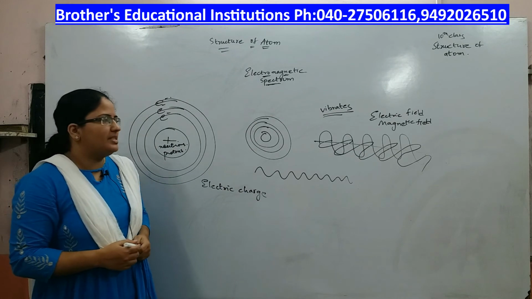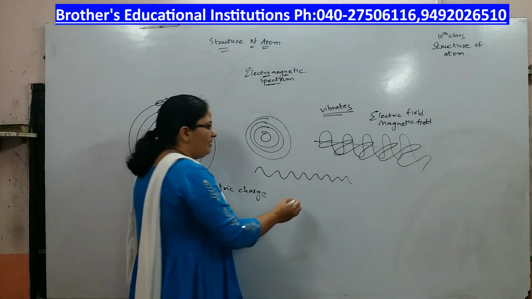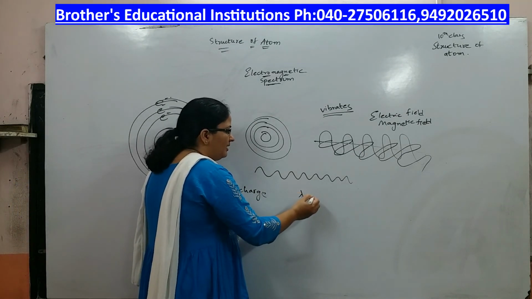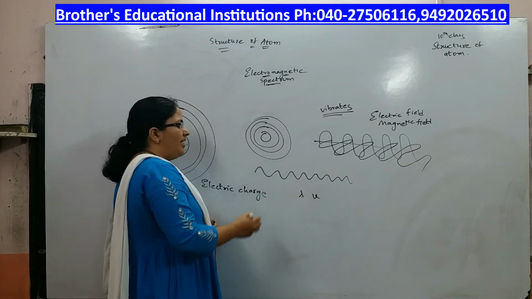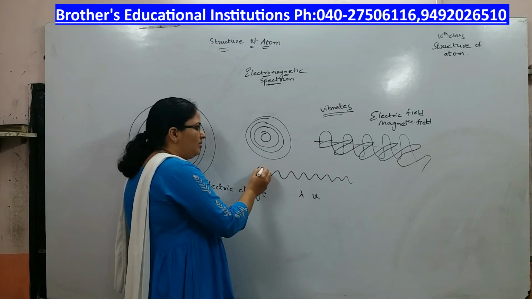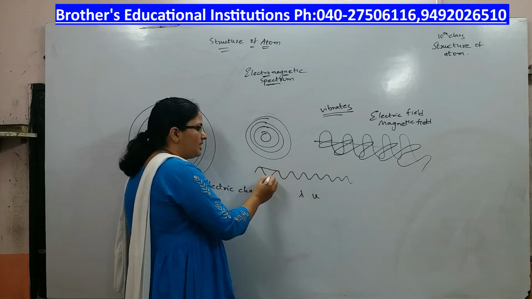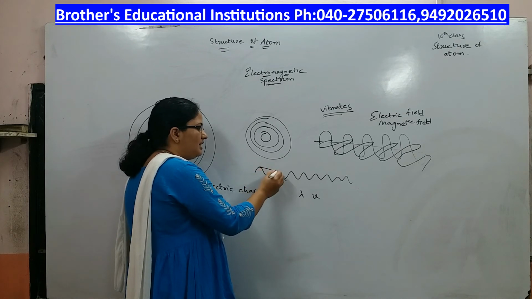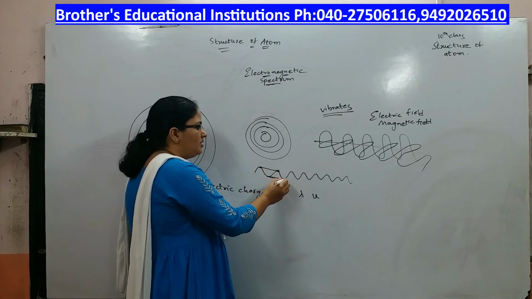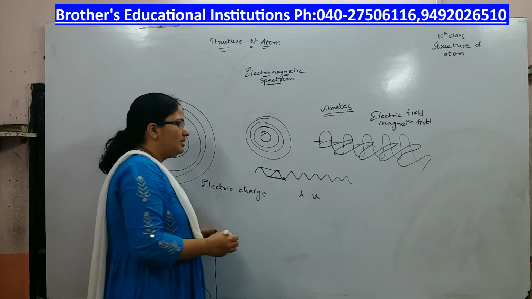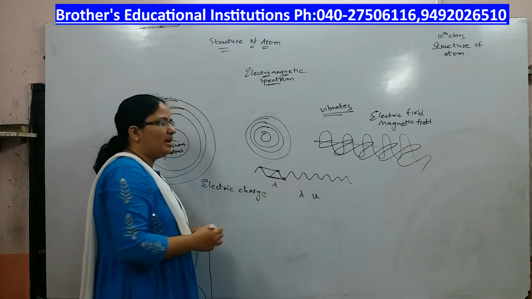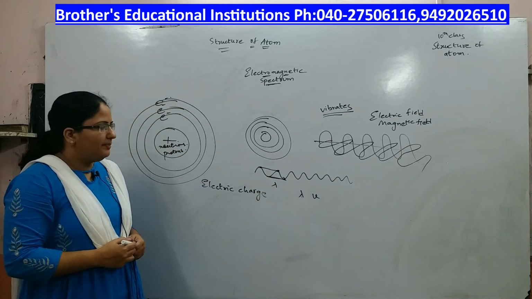Like ocean waves, these waves also have wavelength and frequency. Wavelength is the distance between any two successive crests, or the same points on successive troughs. That is called lambda, the wavelength.